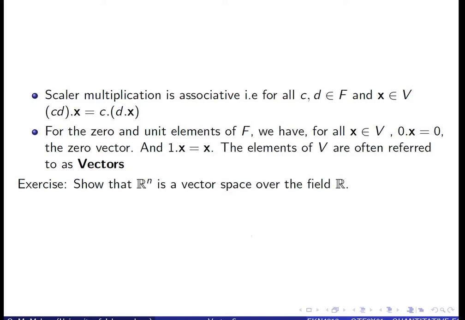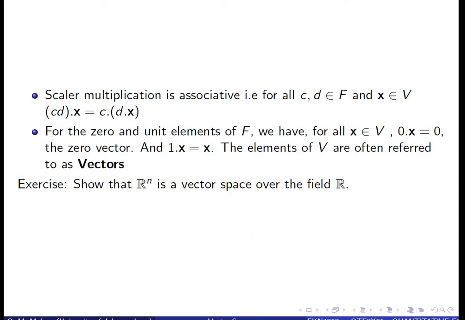And scalar multiplication is associative for all c, d, an element of F, where c and d are your scalars and x is a vector. Multiplying out cd times x is the same as c(dx).